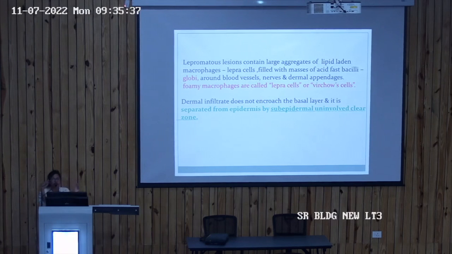There is a clear area, uninvolved by leprosy, that is called the grenz zone. Tuberculoid leprosy is also called paucibacillary, and lepromatous leprosy is multibacillary, because you can see a lot of bacilli.